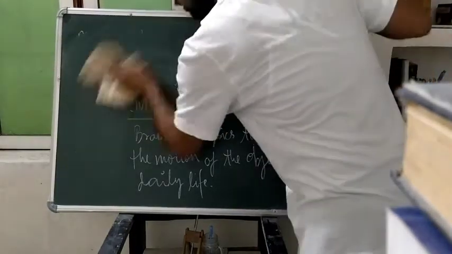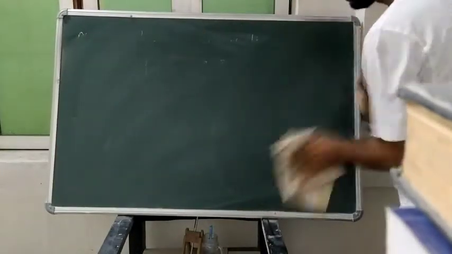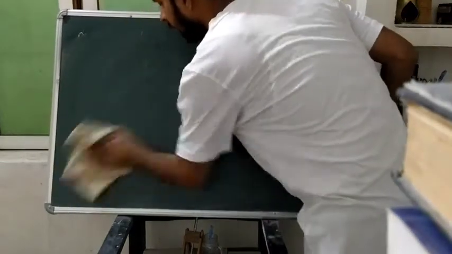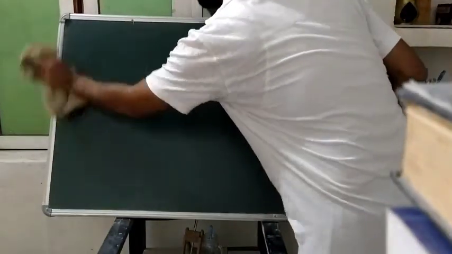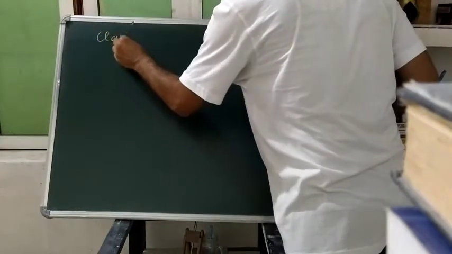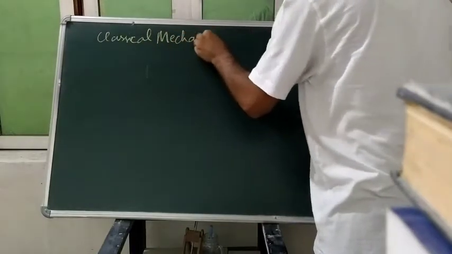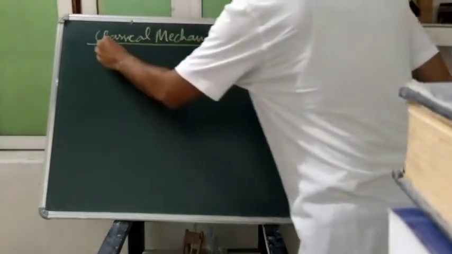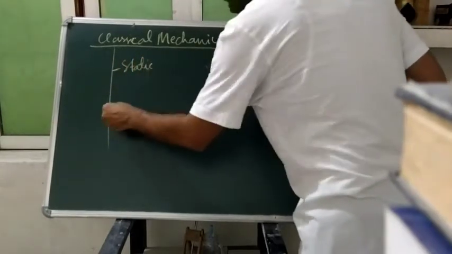Now students, we have seen that classical mechanics is the branch of physics, and in this we investigate the motion of objects in our daily life, and that is important to know. This classical mechanics we can divide into two parts, static and dynamic.